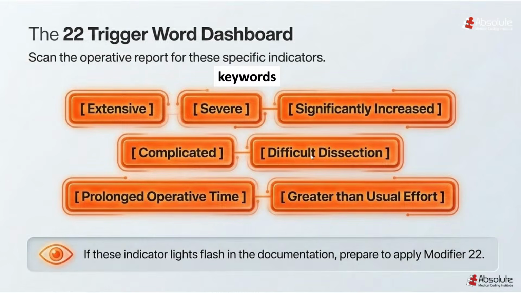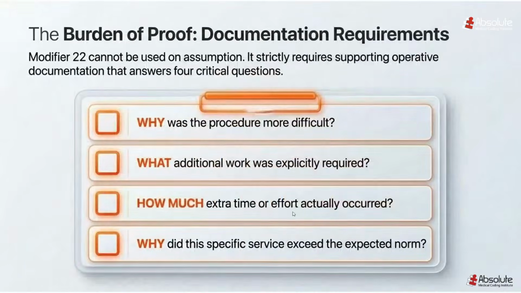It was a difficult dissection. We had prolonged operative time, greater than usual effort. So it's not going to be something light. These adjectives are going to be very strong. You're going to feel it. You're going to say, "Hey, this was tough," when you read that documentation.